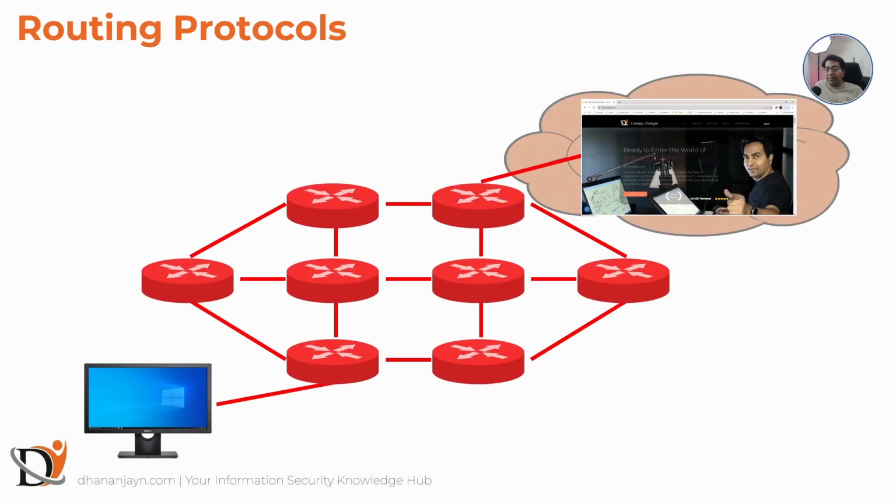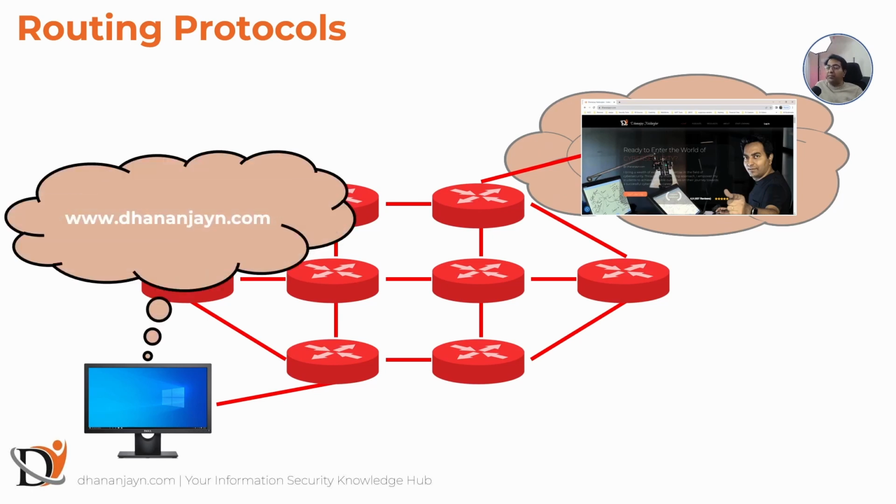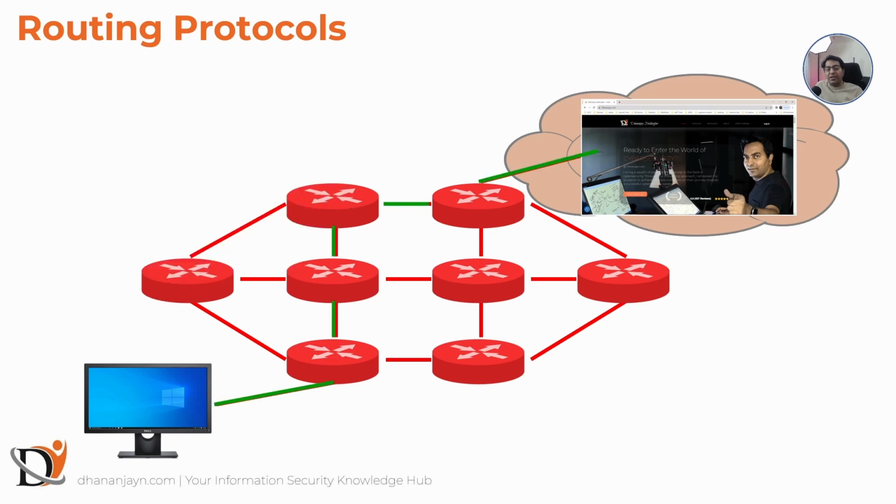Now coming to routing protocols, as I said, routing protocols establish the path. Consider there is a computer on which you are trying to access my website, dhananjayn.com. So the path could be like this, or it may be like this, or it could be some other path, looking at the protocol which is being used.